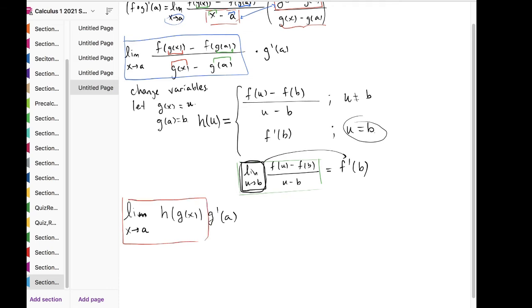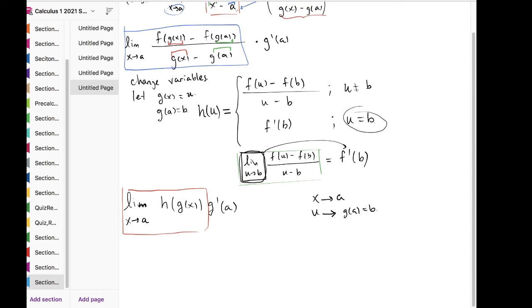As x approaches a, what is u approaching? U is approaching g of a, which is equal to b, right? Now, what's that limit? As u is approaching b, what is h approaching? F prime of b, good.